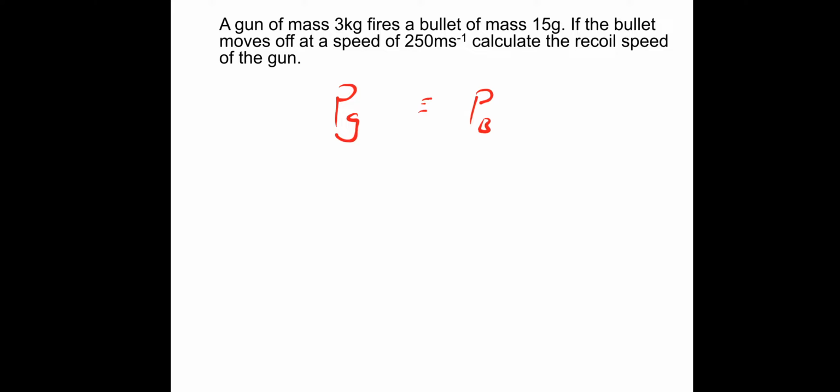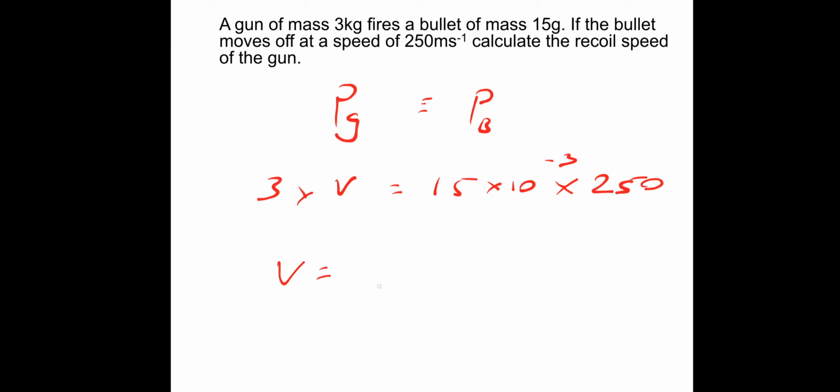It depends. So in this one, the momentum of the gun is simply the mass of the gun, which is 3 kilos, multiplied by the velocity that it will recoil at, which we just call V, equals the mass of the bullet, which is 15 grams, so 15 times 10 to the minus 3, multiplied by its velocity of 250 meters per second.